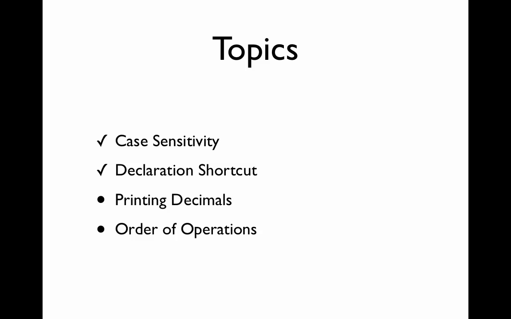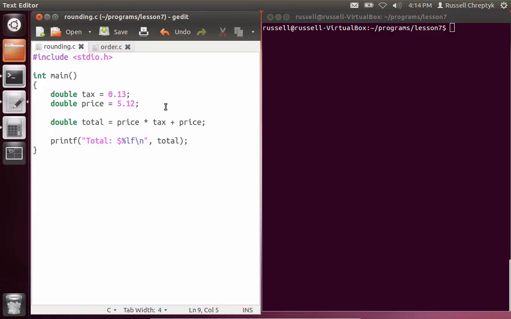Next is printing decimals, and we'll get to that just with an example. So right here we have an example, and we have a price that is $5.12, and we need to calculate the total with the tax. So we just multiply our price with the tax to find what the tax is for our item and add it back to price so we can add the tax on.